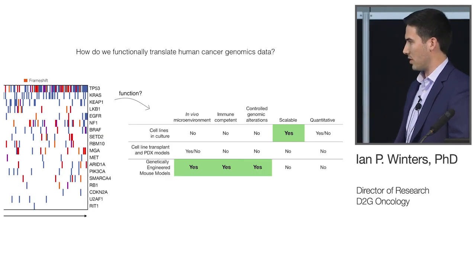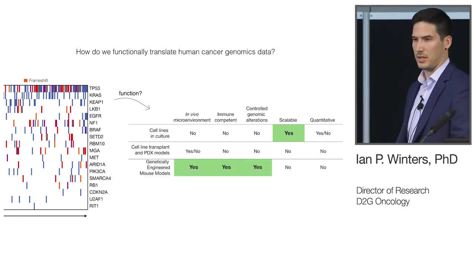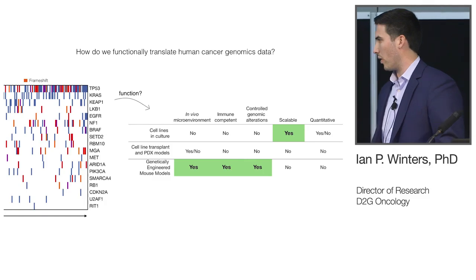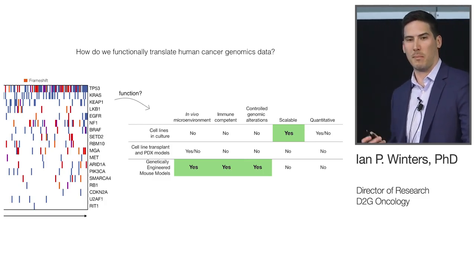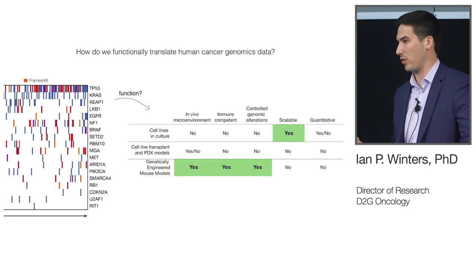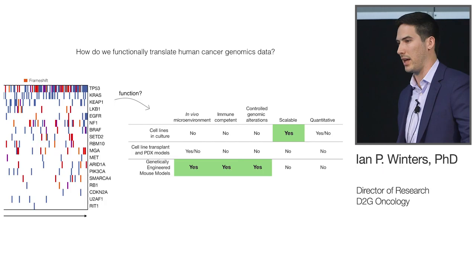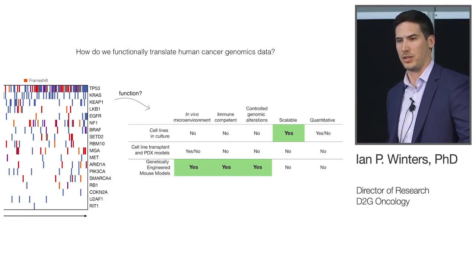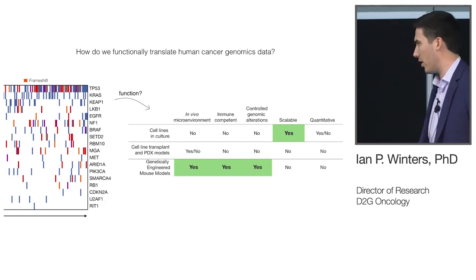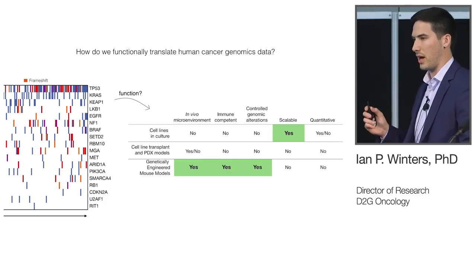The next set of mouse models are these genetically engineered mouse models, where you go into a mouse and genetically engineer an endogenous locus to create typically a conditional mutation that can be activated later in the adult somatic cells of that mouse. In that context, you're really going in and creating a tumor in the right microenvironment.